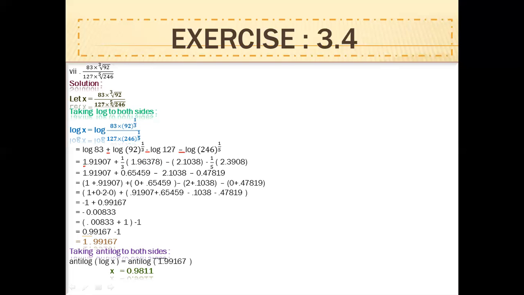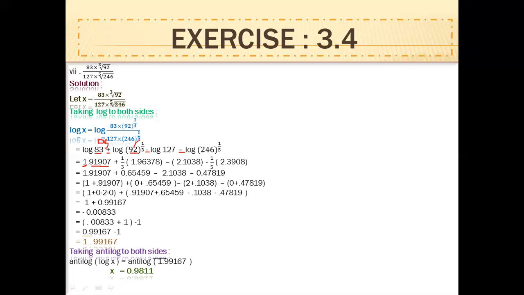When we convert 83 into scientific notation, the characteristic will become 1. And you check 83 in the column of 0, because there is no number after 83. So that's why in the log table you check 83 in the column of 0. The mantissa will be 0.91907.